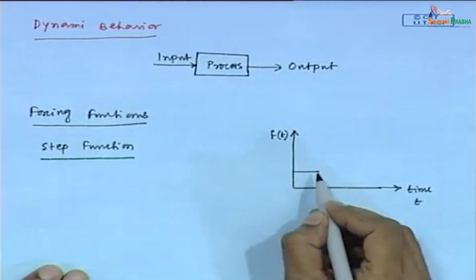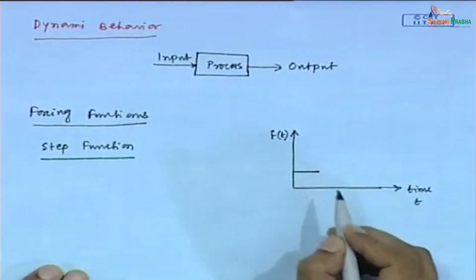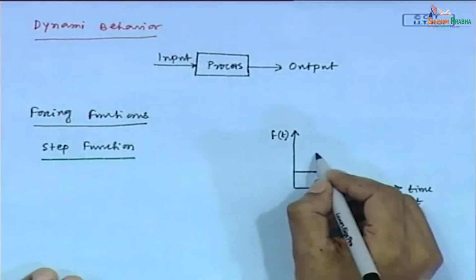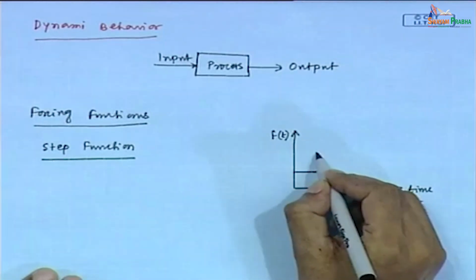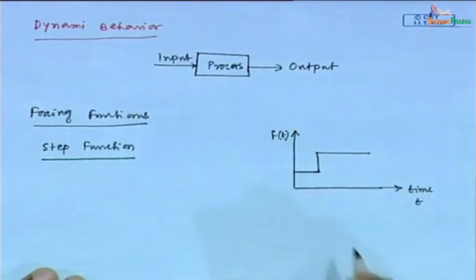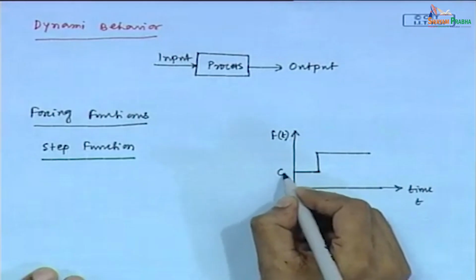Initially, if the process is at steady state condition, I mean there is no change. Now, we are changing the input variable in this way. So, initially it was 0.